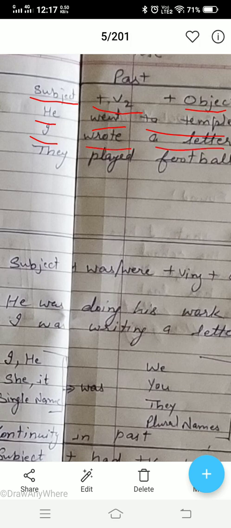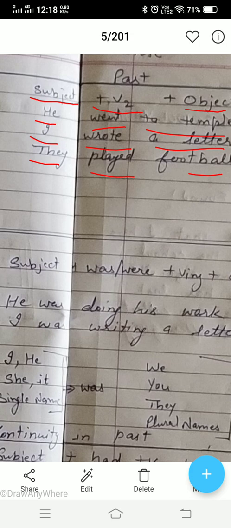I, its subject, wrote, second form of verb, a letter, object. They played football. Very simple tense is past tense, only subject, second form of verb and object. And you have to remember only second form, only second form.